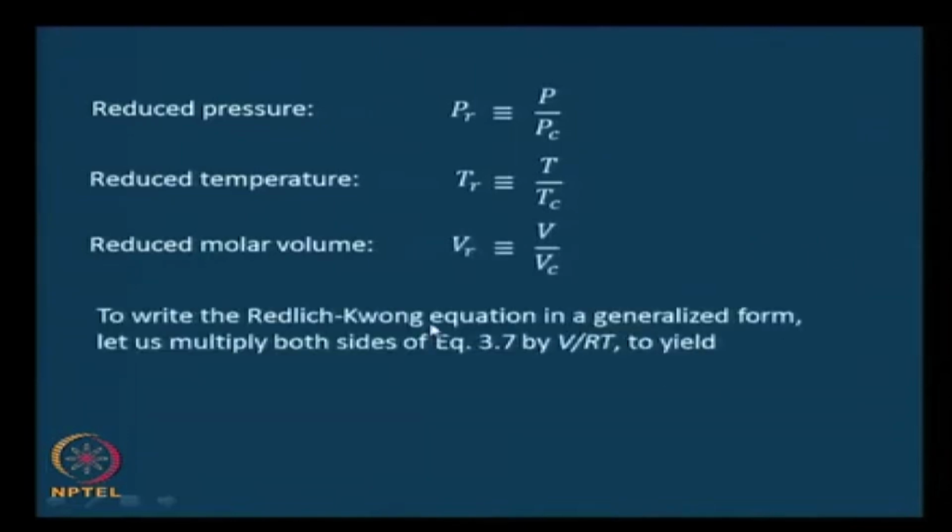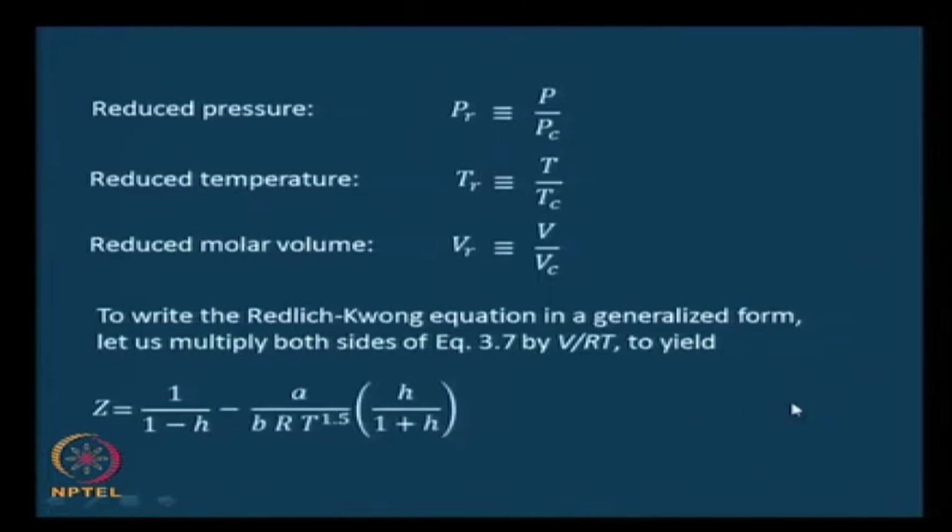And to write the Redlich-Kwong equation in a generalized form, we did some manipulations to get it of this form. Z equals 1 by (1 minus h) minus (A by (B RT to the power 1.5)) into h by (1 plus h), where h was just a convenient combination of B by V, which can also be written as BP by ZRT.